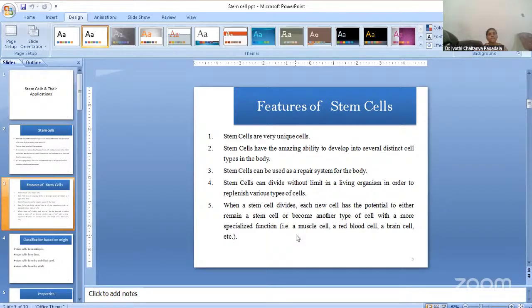The tissue stem cells may be called progenitor cells, since they give rise to terminally differentiated and specialized cells of the tissue or organ.